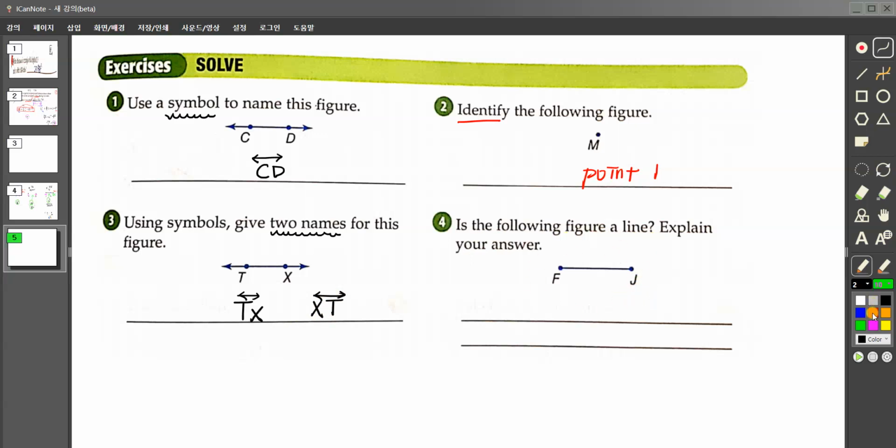Is the following figure a line? No. Why do you think so? Because there's a dot which ends. That means it ends, right? It has an end, so we cannot say it's a line. Then what can we say, a segment, right?